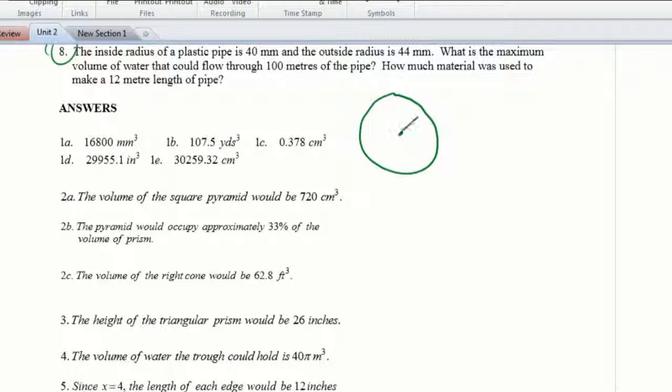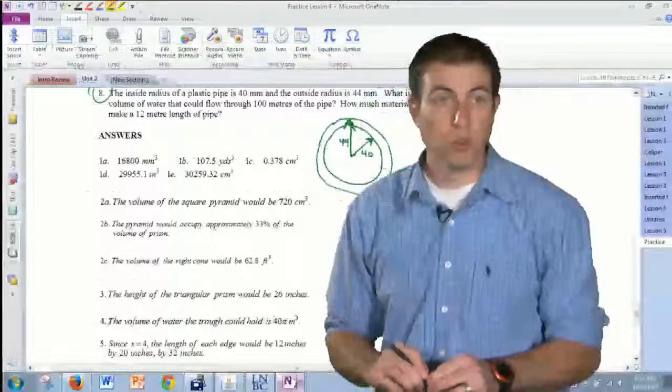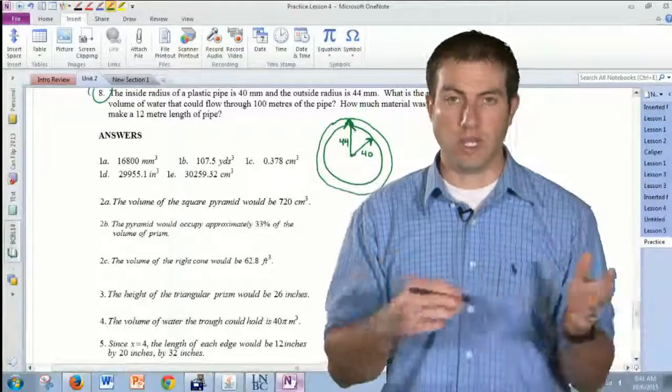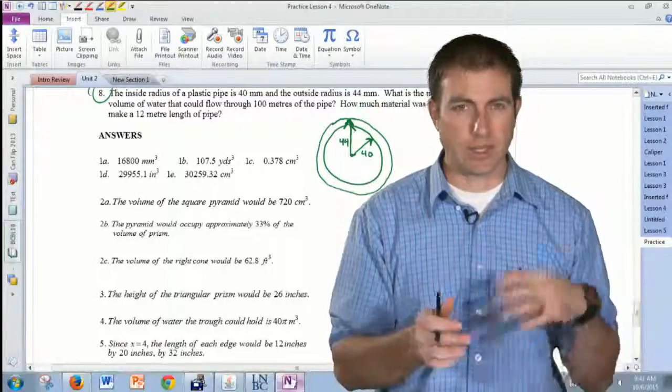Inside radius is 40, and the outside radius is 44. It kind of looks like a clock now. The idea here is you're going to have to do two volume calculations and subtract the inside from the outside.